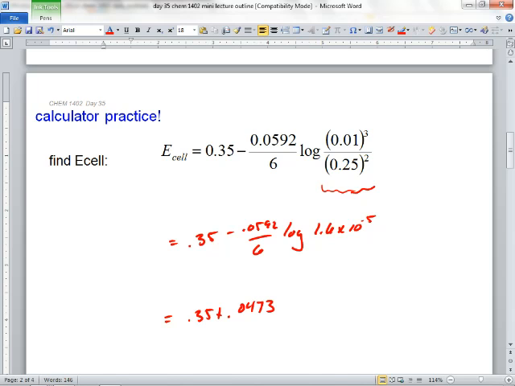Jose, did it work? Got it, Kathleen? Okay. Then they just add them up, plus 0.35, and we'll have it. 0.397 is the final answer.